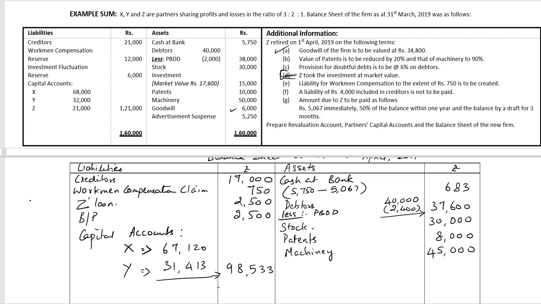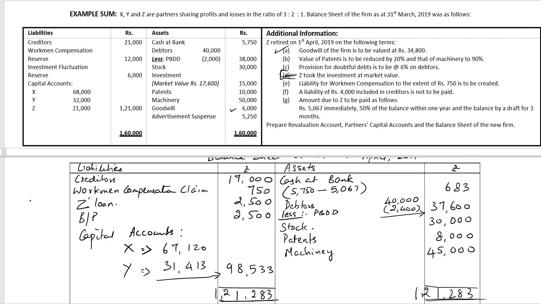So let's check if the balance sheet tallies. The total of both sides tally with 1,21,283 rupees. This is the balance sheet.